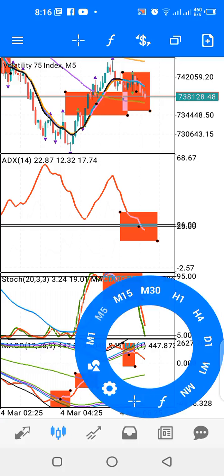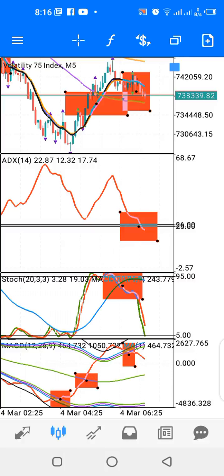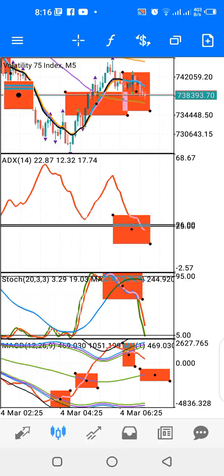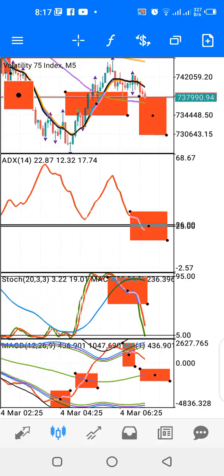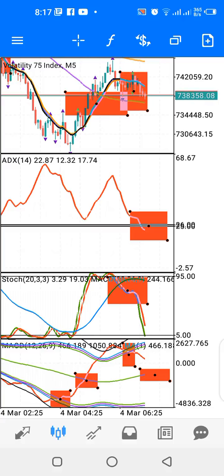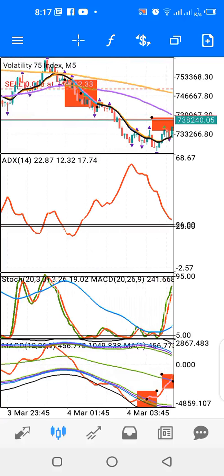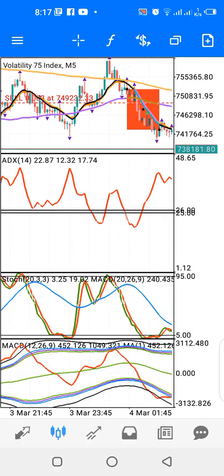The confirmation will be when the red line crosses the mid band around here. So it's not yet confirmed to sell, and we even have a signal to stay inactive around here. Although we have a sell signal on indicator window 2, we are yet to have a sell signal on the main chart. So we stay inactive. So that's basically how this strategy works.